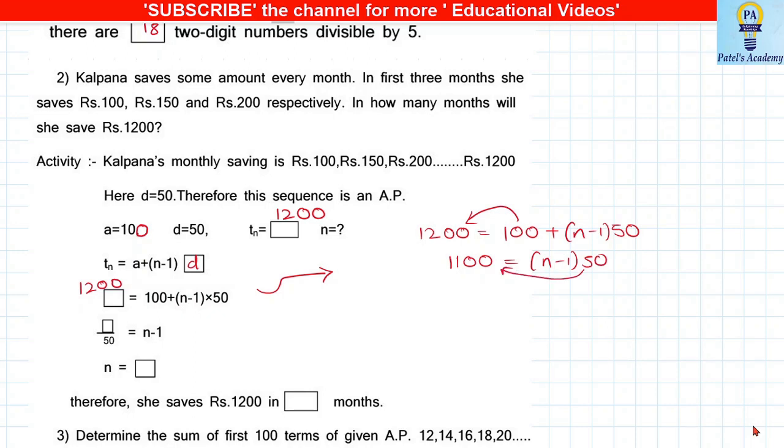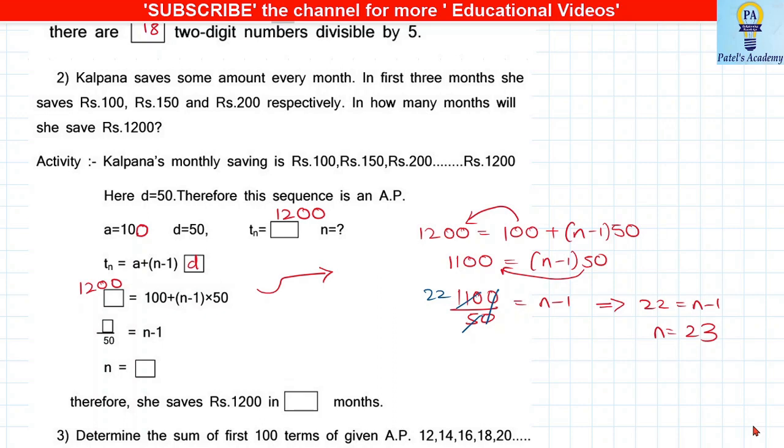After I shift 50, it will be 1100 upon 50, that is n minus 1. So this will cancel, 5 1s are 5, 22s are 22. So what I get is 22 equals n minus 1. So n is going to be 23.